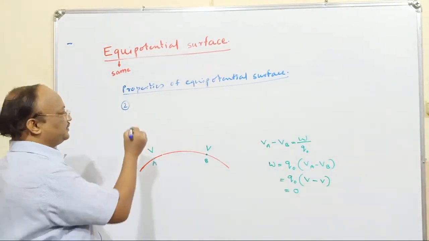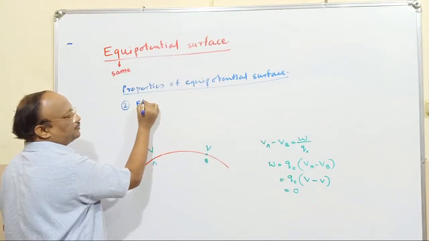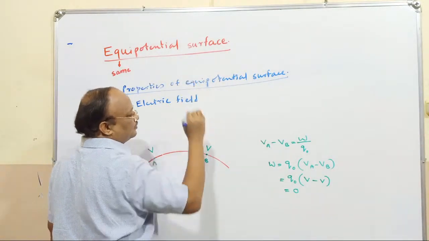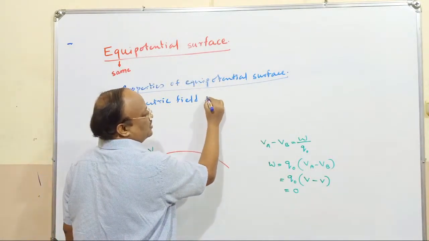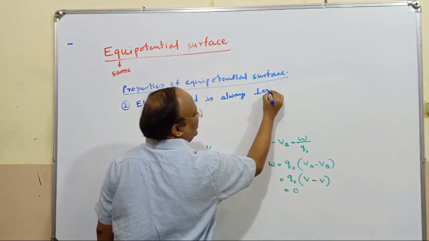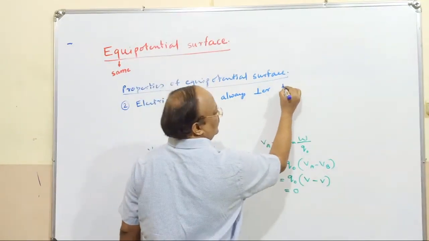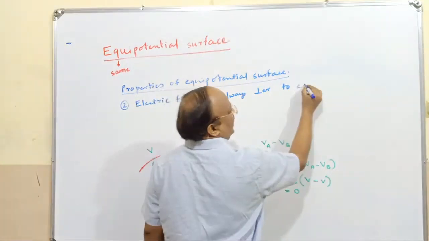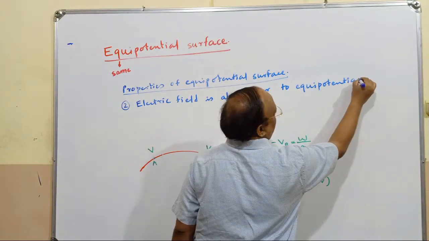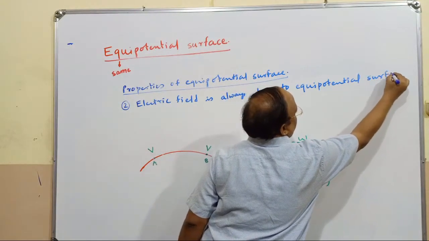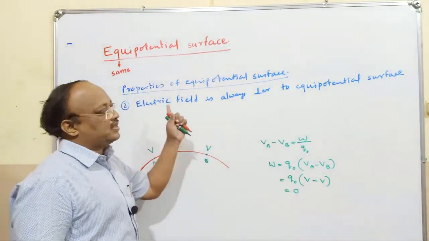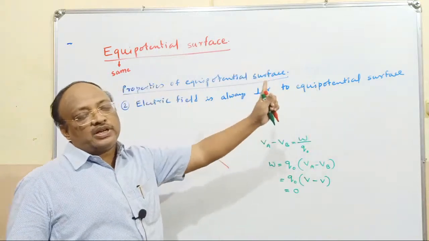Electric field is always perpendicular to the equipotential surface.